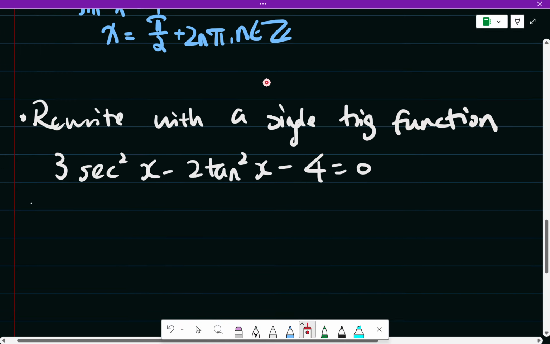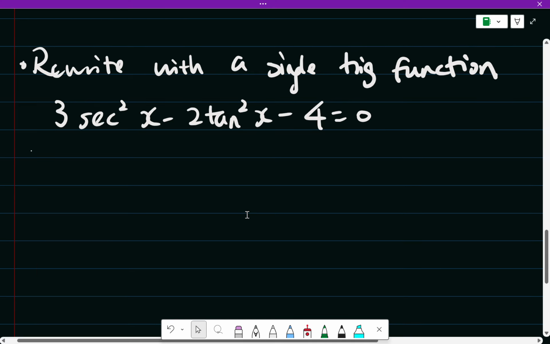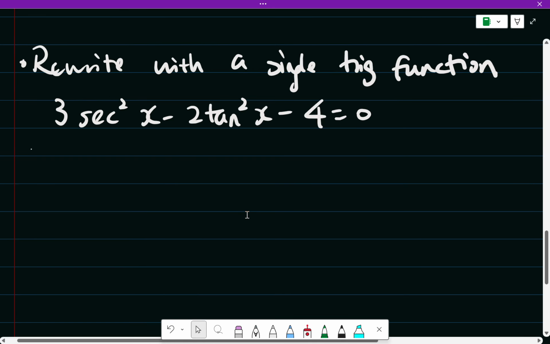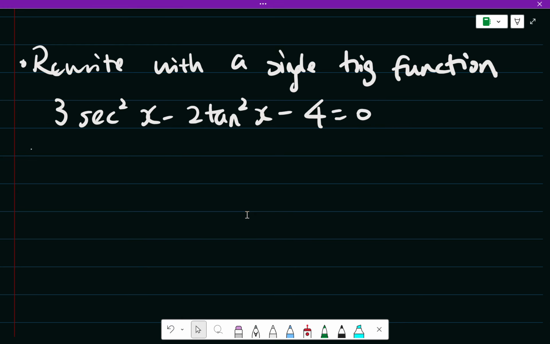The next type of question is rewrite with a single trig function. So our example here is 3 secant squared x minus 2 tangent squared x minus 4 is equal to 0. So here, we need to apply a little identity. The identity that we're going to be using is secant squared x is equal to 1 plus tangent squared x.